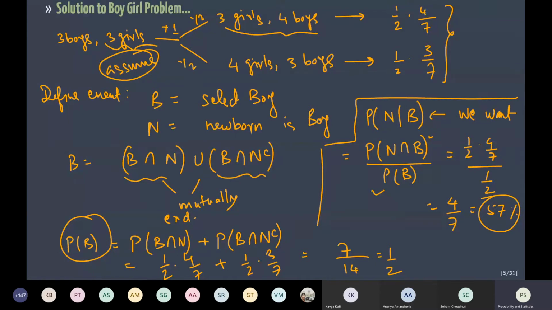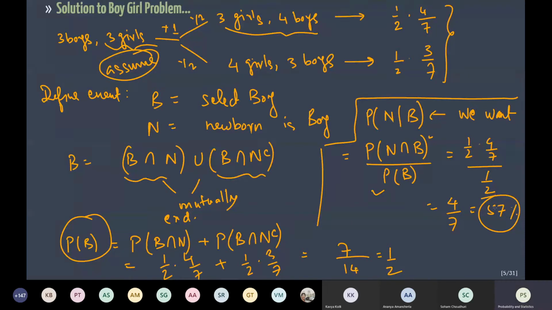So what do we learn from here, from the problem? It's important to think about this, right? What happened? Why did it become 57%? You see, the statistician has chosen a boy.